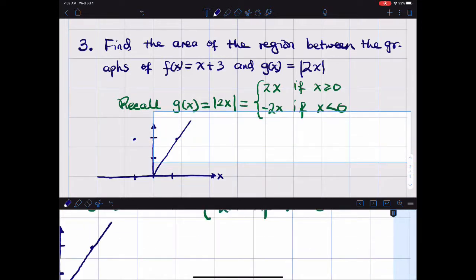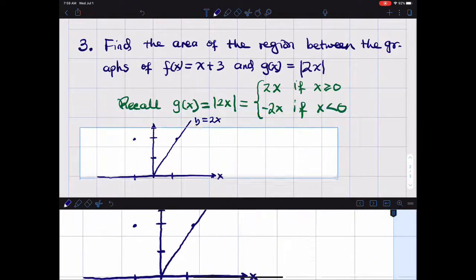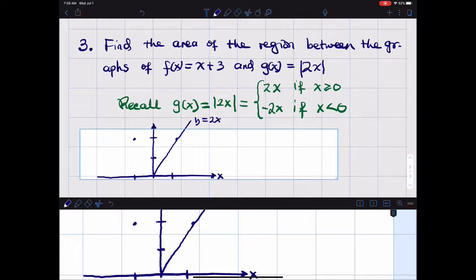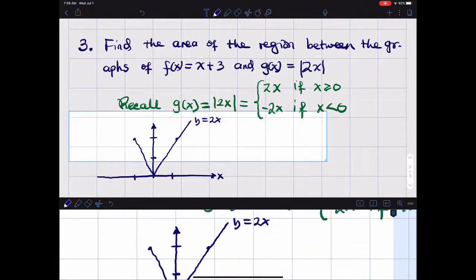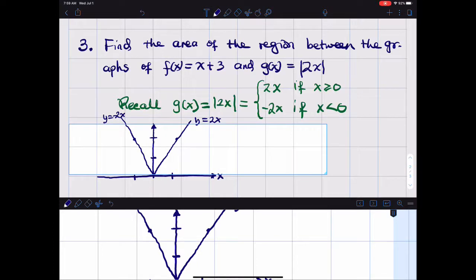So this is y equals 2x, and this is y equals negative 2x. And both of them come together to make the function g of x.